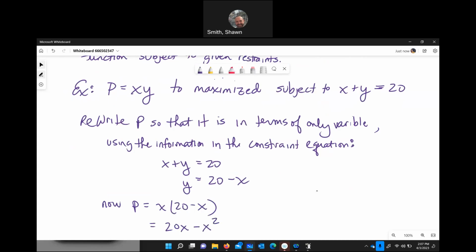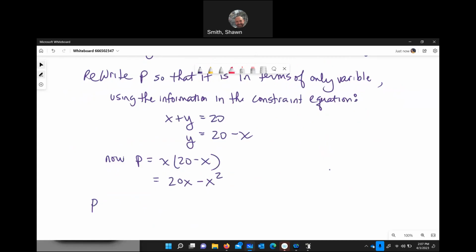Because the next thing we want to do is probably what? Take a guess. Take a derivative, right? Now find P prime of x. P prime of x is going to be equal to, power rule, 20 minus 2x.